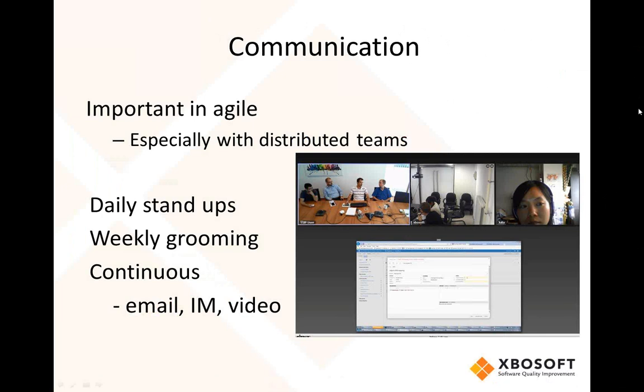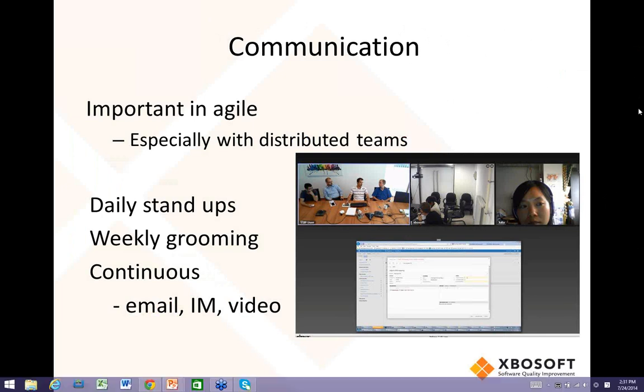In the bottom you see TFS. So the Netherlands is sharing their screen with the colleagues in China, and together we look at new user stories that we want to groom. We explain them, we estimate them together, and we make sure that none of us has any questions so that we can start the development on it and we can start the testing on it.